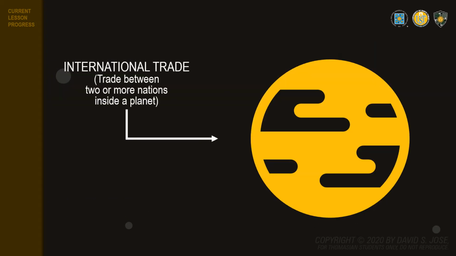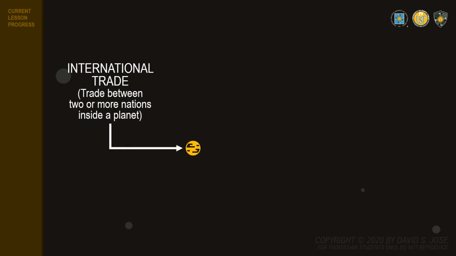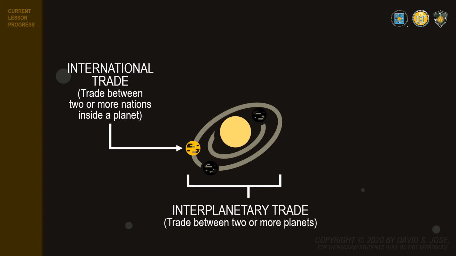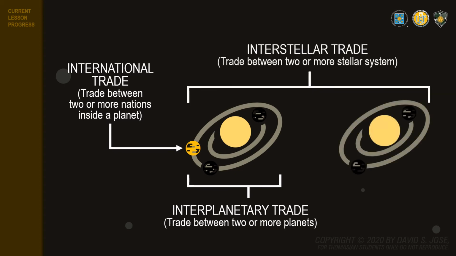Although we have nations, we know that international trade is trade between two or more nations inside the planet, or it can also be outside the planet. That is why, aside from international trade, we also have interplanetary trade between two or more planets, and interstellar trade between two or more stellar systems.